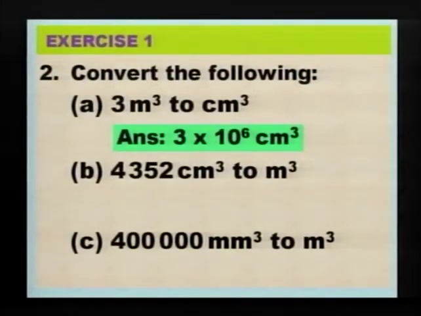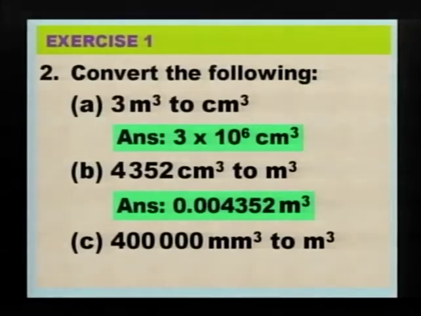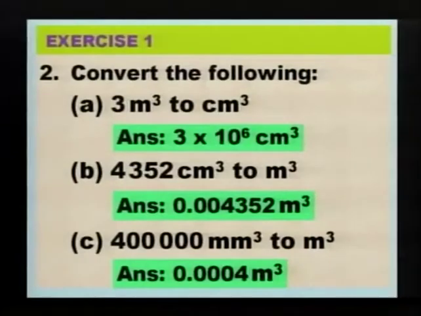Correct. Letter B. 0.004352 cubic meters. That's correct. Megan, letter C. 0.004 cubic meters. Correct.